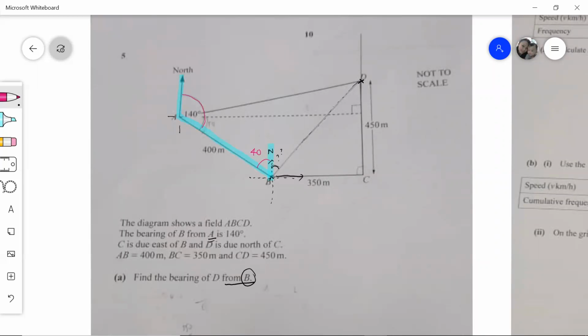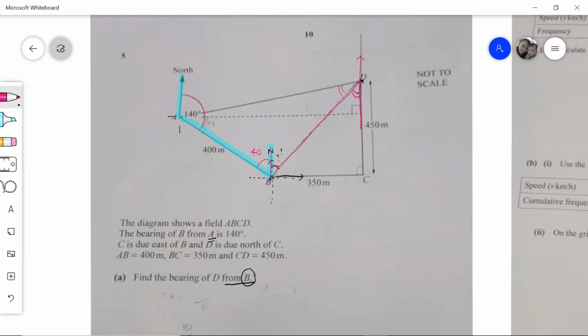And then we need to find this angle here, which we can find using the triangle, or this one can be the north. Again we will have the alternate angle here, so we can find this angle.